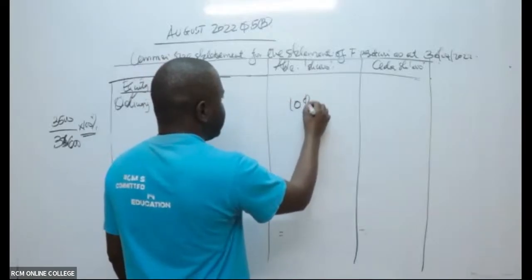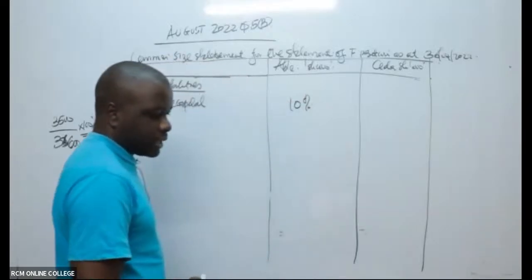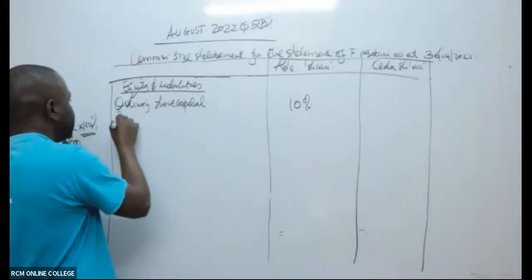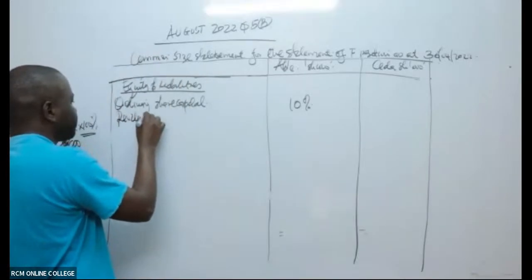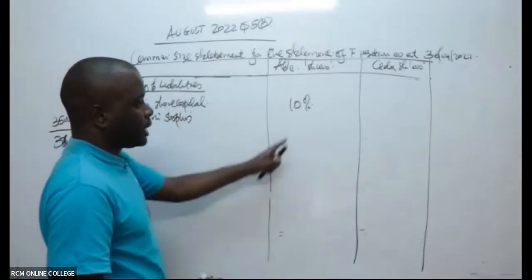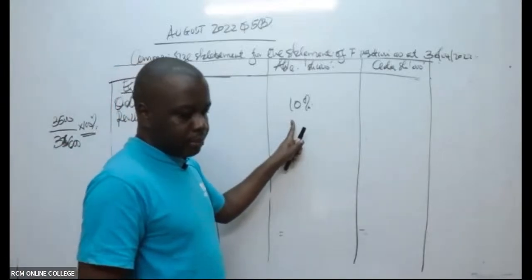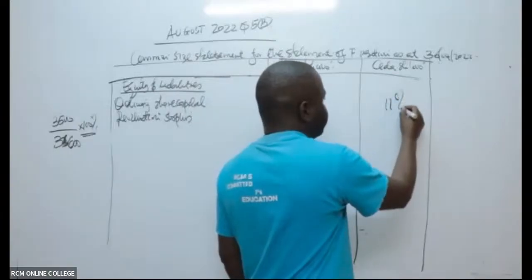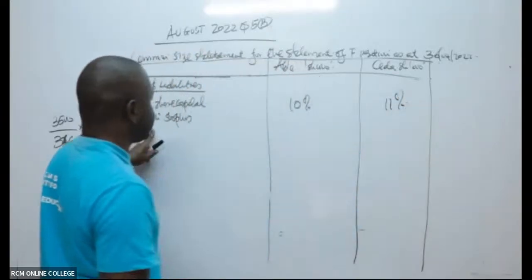What about the side of the other company? We have ordinary share capital, we have revaluation surplus. So this one is 10%. This other one is 10.5%. So that is averagely 11%. What about revaluation surplus?